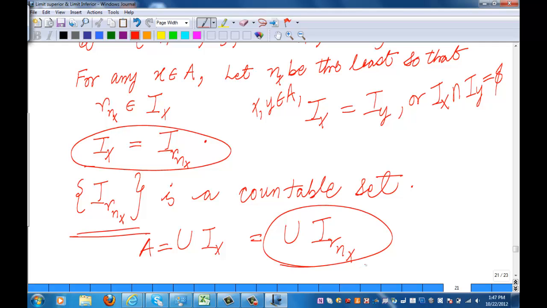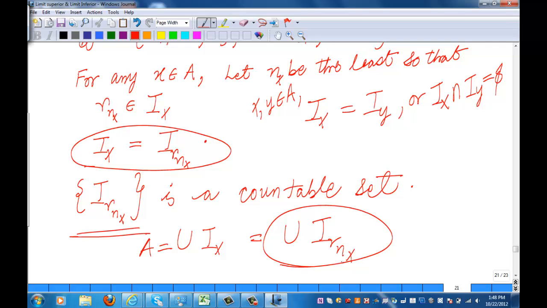But you also have to justify that the I of Rnx's are all disjoint. How do you know they are all disjoint? That's one more thing you have to establish. Why are they disjoint? Because of the way we picked nx, the smallest index. Suppose I of Rnx and I of Rny have a nonempty intersection.